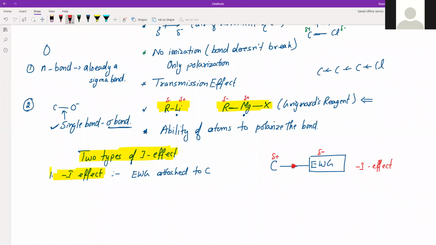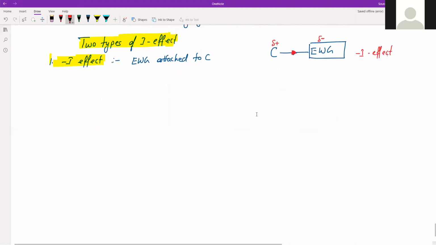So what will be plus I effect? It will be just opposite of that. Next, the second effect is plus I effect.